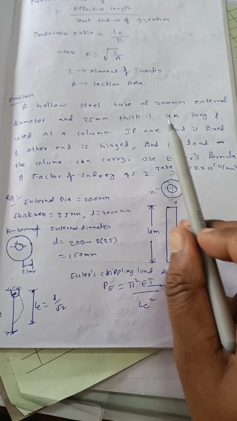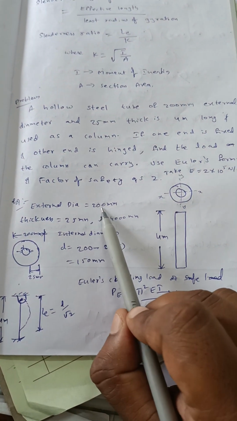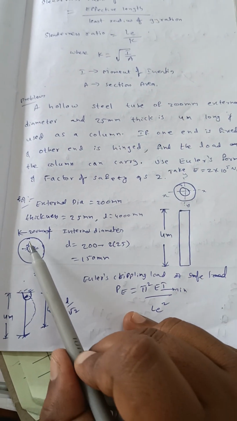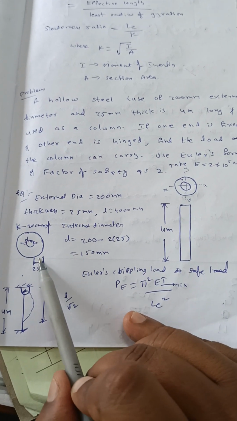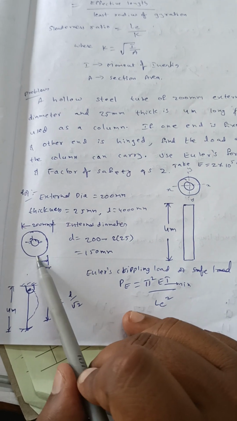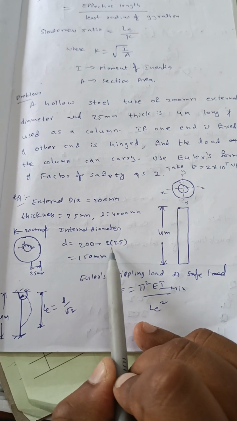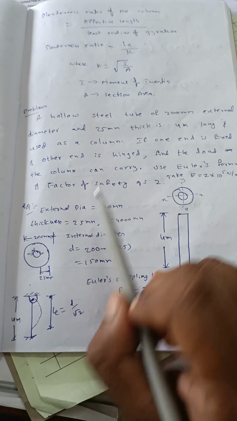The external diameter capital D is 200 mm and the thickness is 25 mm. You can see here, this is 200 mm and this is 25 mm. Now what will be the internal diameter? Small d equals capital D minus 2 times small t. Internal diameter equals 200 minus 2 into 25, that is 150 mm.